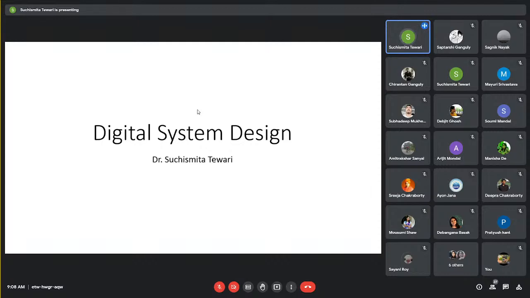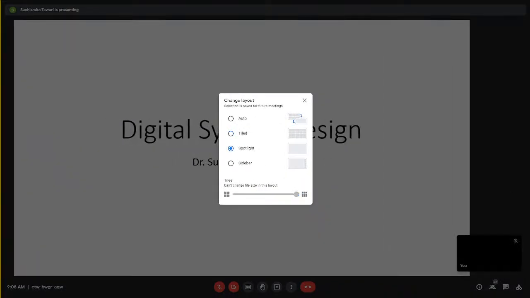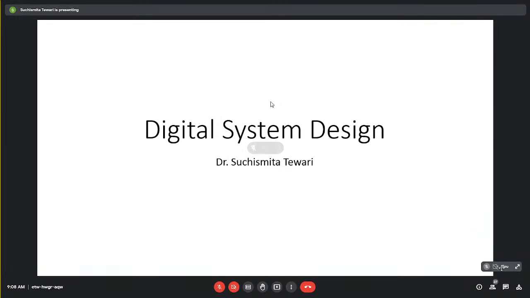Okay. So this is the paper that deals with digital system design, and so far you have already learned how to design a system, or rather how to design combinational systems only. I am going to cover the part that mainly deals with the sequential system.